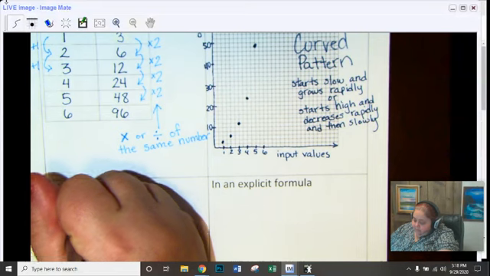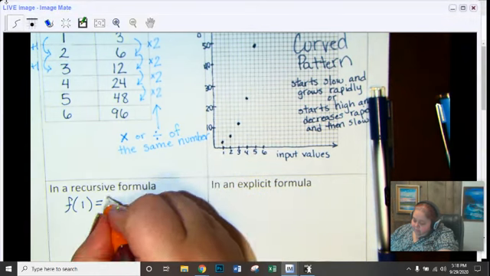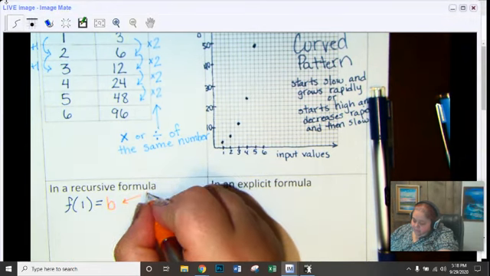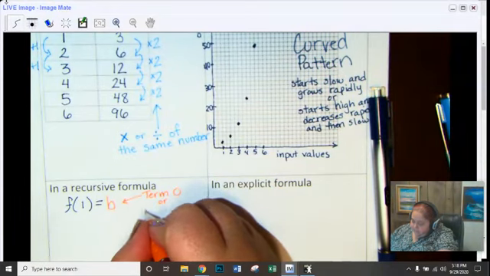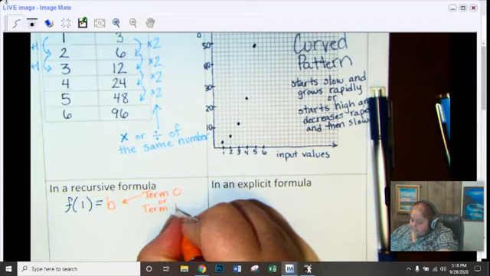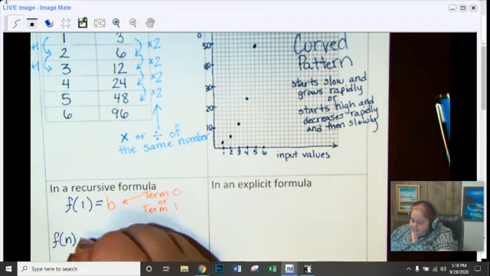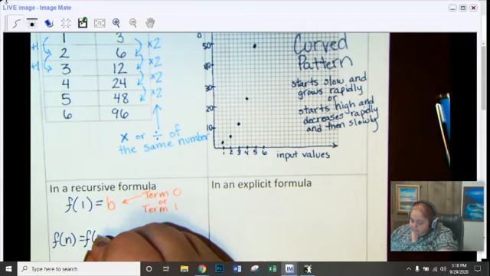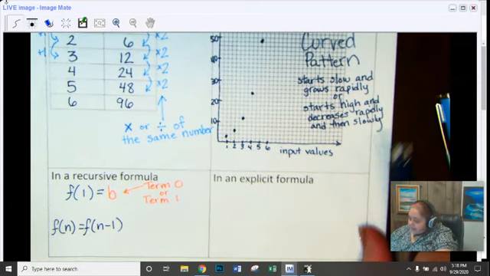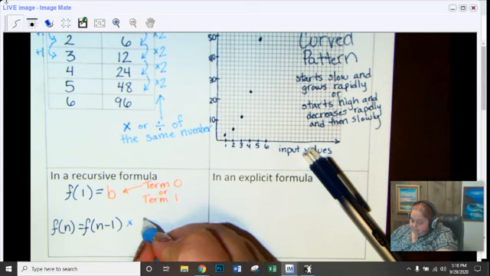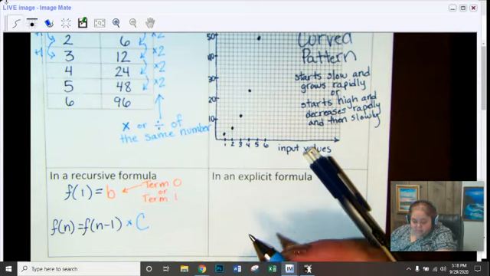In a recursive function, you always start with your first term or that beginning term. So this could be term 0 or term 1. And f of n equals f of n minus 1. So the new figure equals the figure that came before it times your constant rate or your constant ratio.